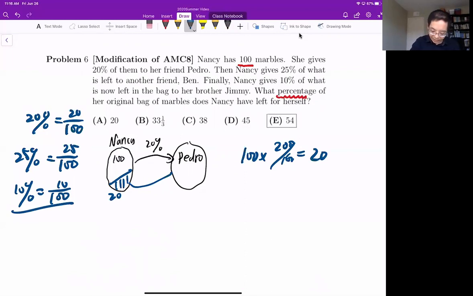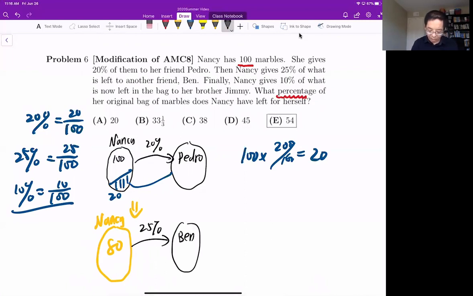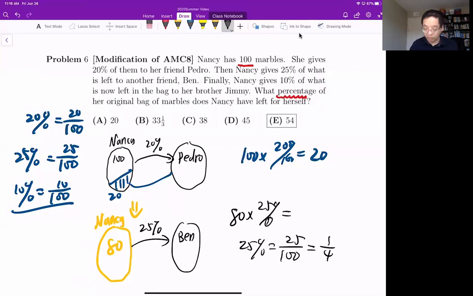After this, Nancy has 80 left. Next, from the remaining, she gave 25% to another friend, Ben. So we need to figure out what is 25% of 80. It's 80 times 25%. 25% is just 25 over 100, which simplifies to 1/4 because 100 equals 25 times 4.